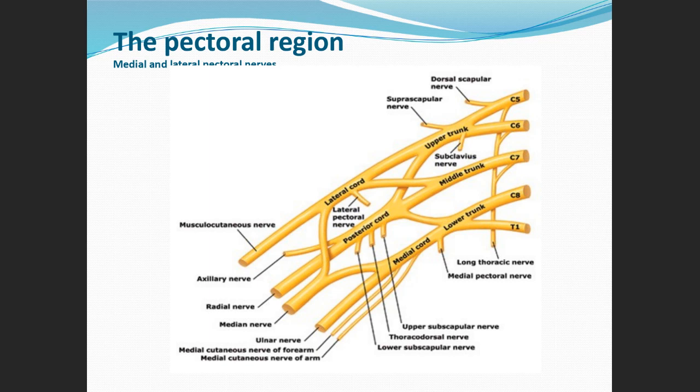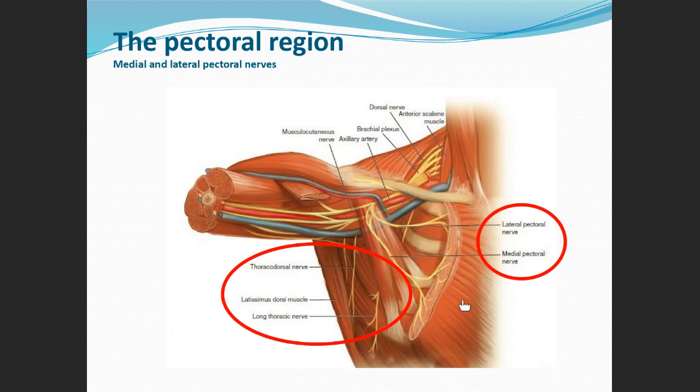As they show up superficial, you can see here that is your pectoralis major muscle. You can see these two nerves coming in to innervate it. If you follow those nerves, they are innervating the pec major. At this point, you've got the lateral pectoral and the medial pectoral nerve.